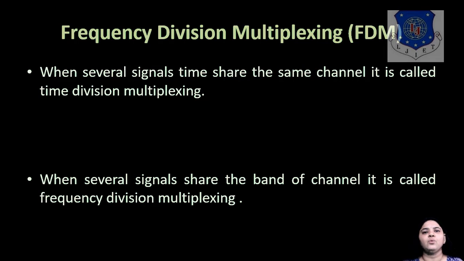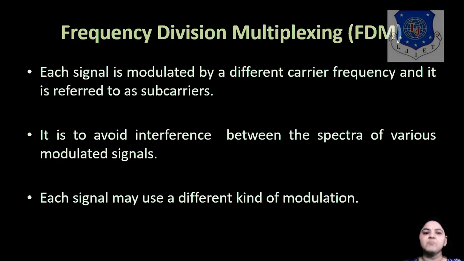Similarly, what is frequency division multiplexing? When several signals share the band of the channel, it is called frequency division multiplexing. In frequency division multiplexing, each signal is modulated by a different carrier frequency, referred to as a subcarrier.